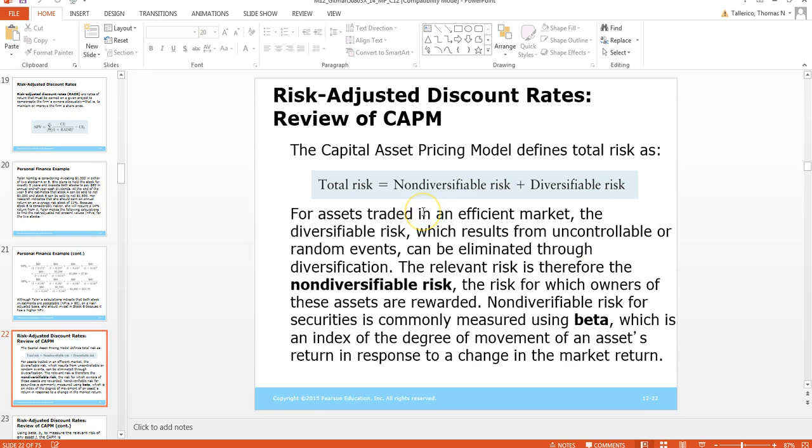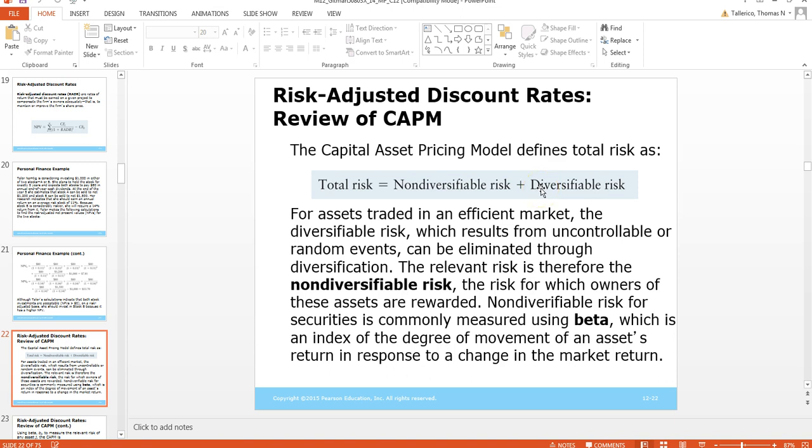All right, so we talked about the capital asset pricing model in Business 330. If you didn't take it, go back, I believe, to maybe chapter 7 or 8 or something. But search and look in the textbook for capital asset pricing model. And total risk on anything in general, for stocks, let's say, is non-diversifiable risk plus diversifiable risk.